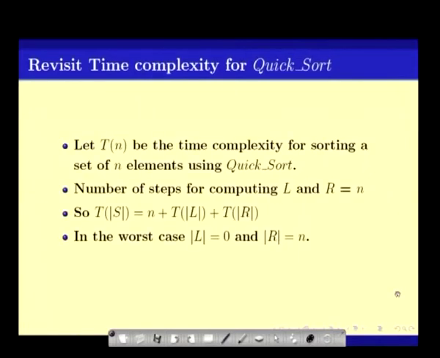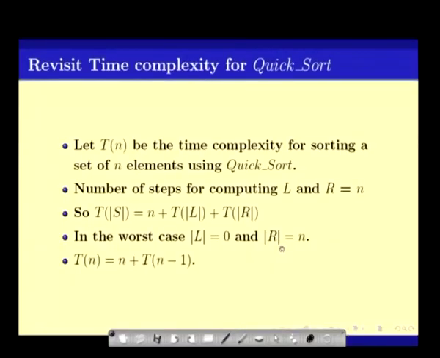And then we claimed that in the worst case the size of L can become 0, whereas the size of R can be n, and then we get T of n equals n plus T of n minus 1, and then we went on to prove that T n will become n squared around, because this will be n plus n minus 1 plus n minus 2 and so on.